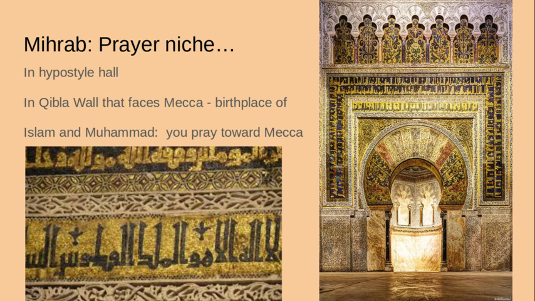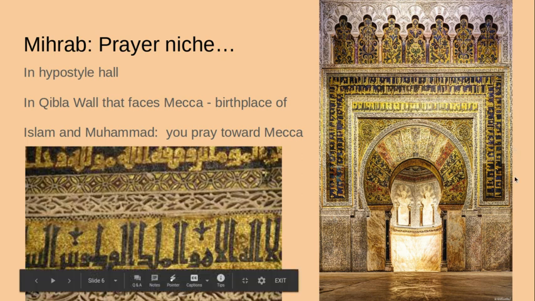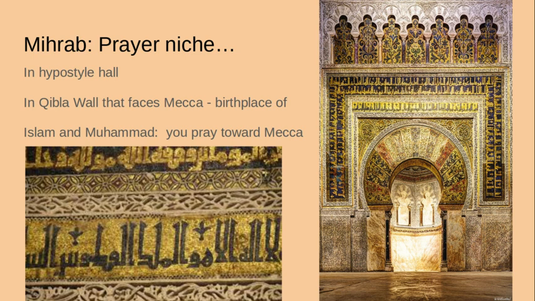And the wall itself, where the mihrab is located, so if you think about being in the hypostyle hall, you're praying towards the mihrab. The mihrab, this prayer niche, is in a wall called the Qibla wall. And that wall shows me, and the mihrab shows me, what direction Mecca is in. Because you want to pray in the direction, facing Mecca.